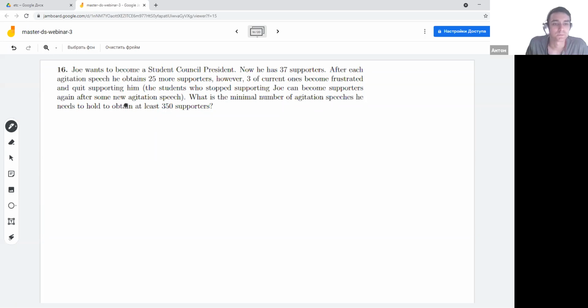So let's see. Joe wants to become a president of the student council. So he has 37 supporters, and he can give speeches which let him obtain 25 more supporters each. But after each speech, 3 supporters would quit him, would stop supporting him.